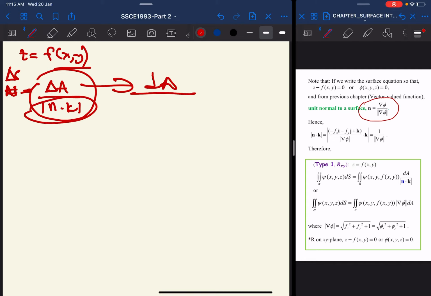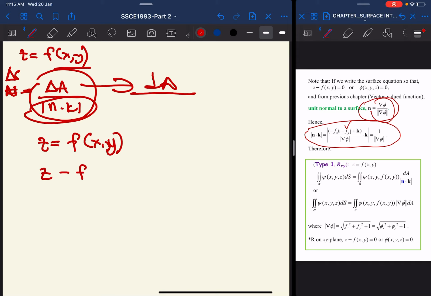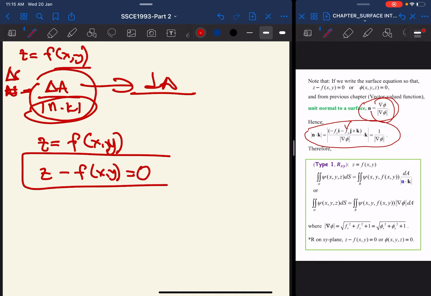This part comes from here. How do you get negative fx when you have z equal to a function of x and y? If we rearrange, we get z minus a function of x and y equal to 0. You have to be able to write it in this form so that you will be able to solve for surface integral. That's why you get negative fx, and negative fy comes from here.